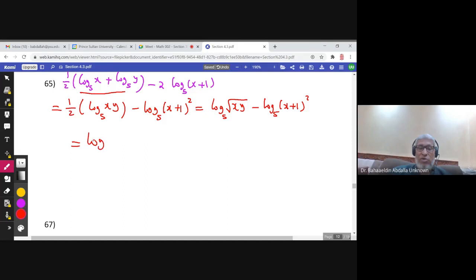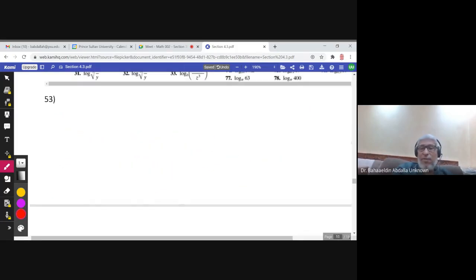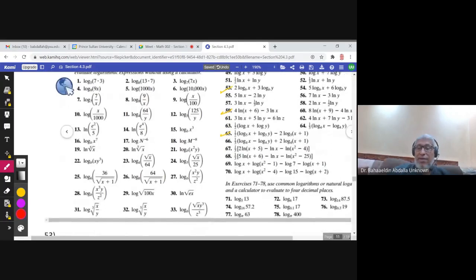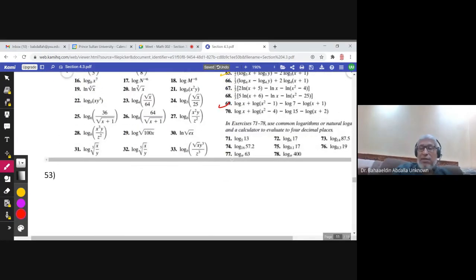So using the quotient rule, you change it to one logarithm, writing the square root of xy in the numerator and x plus 1 to the power 2 in the denominator. So this is 65. Let us solve 69.